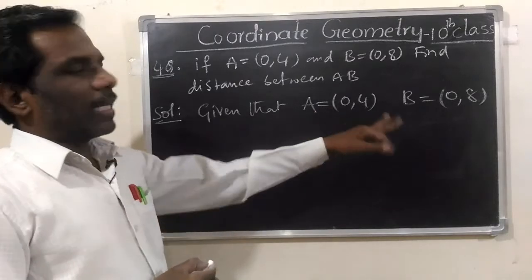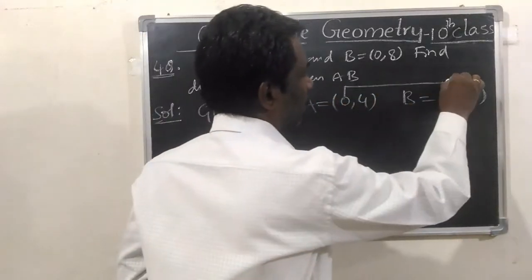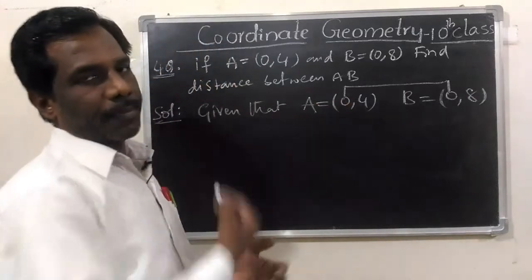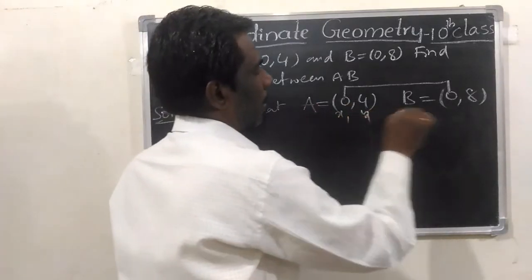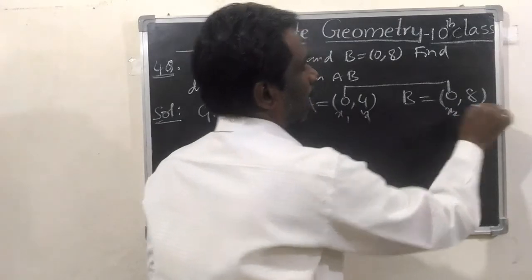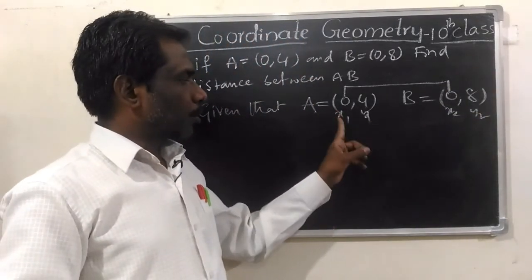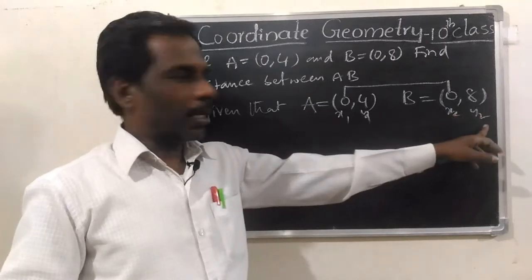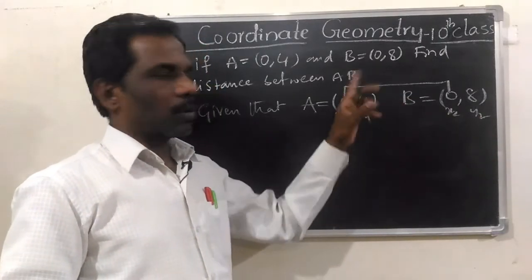If we observe these A and B points, these x coordinates are zeros. So both are the same. x1 is 0 and x2 is also 0. So I assumed first point is x1, y1 and second point is x2, y2. x1 and x2 both are zeros.